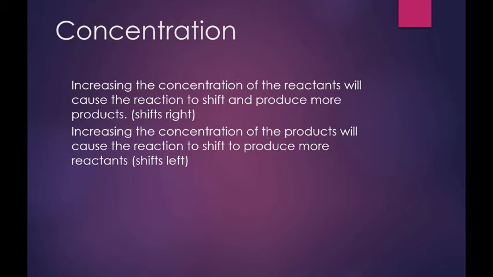So what I mean by that is, say I have this reaction where I have reactant A, I have my balanced equation, B, and I have the reaction with the products C and D. If I add more A, then what's going to end up happening is I'm making it unbalanced.